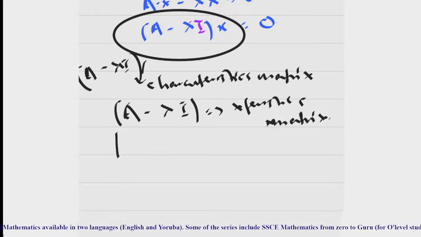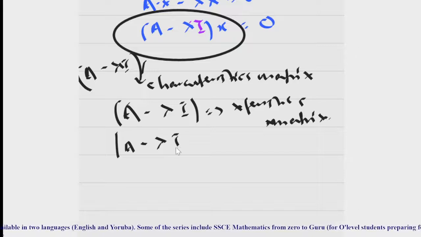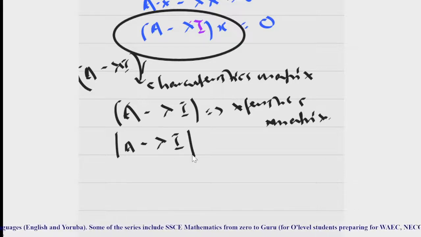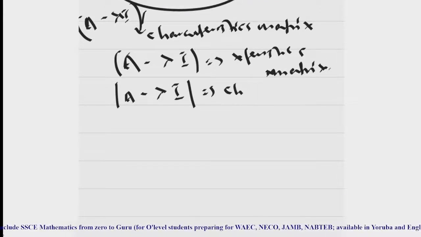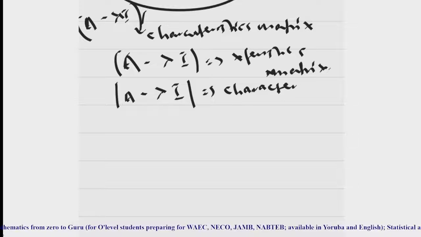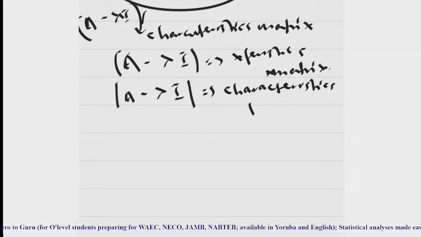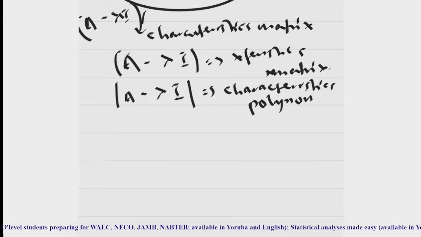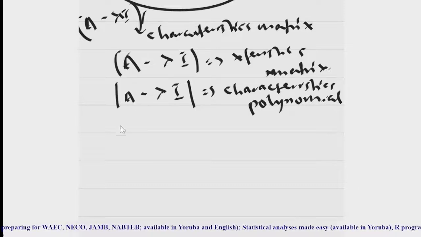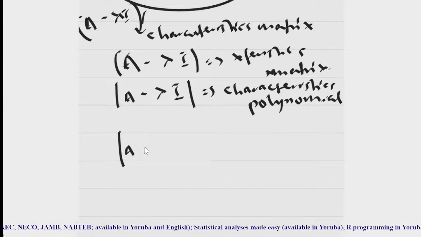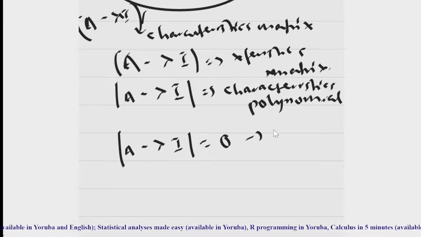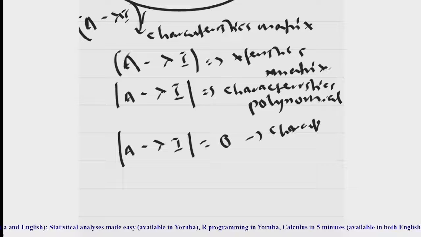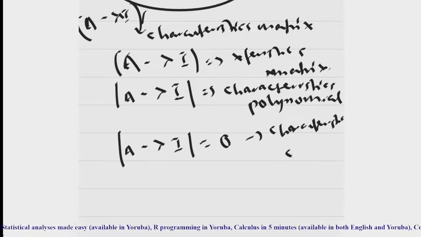When you now take the determinant of the characteristic matrix, then you have what we call the characteristic polynomial. And when you find the determinant and you equate the determinant to 0, then we call it the characteristic equation.